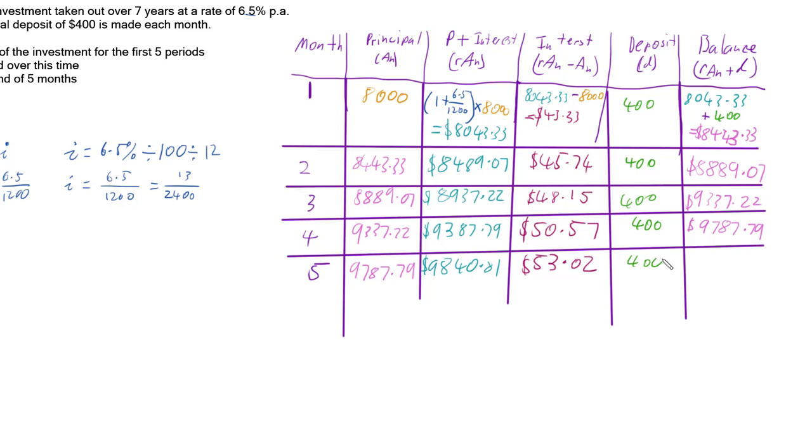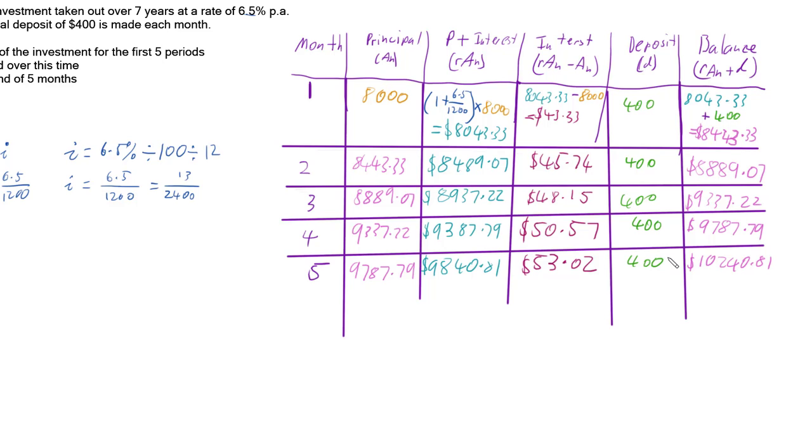Throw in our deposit, and that means that at the end of the fifth period, we have in the account, oops, not that much, $10,240.81. So it's only taken 5 months to go from $8,043 to $10,240.